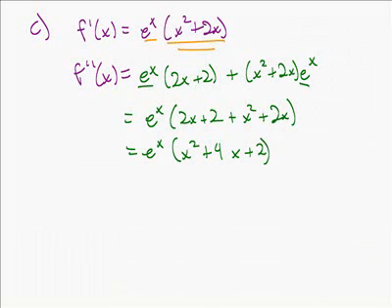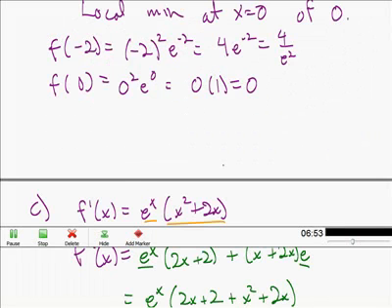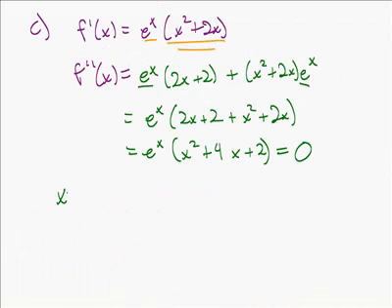Now we want to know where the inflection points are. Well, inflection points occur where our second derivative is equal to 0. Again, the only possibility here is that x squared plus 4x plus 2 is equal to 0, since again e to the x can't be 0. Well, let's see, we're going to have to look at the solutions of this. It's not going to factor, so we'll have to use the old quadratic formula.